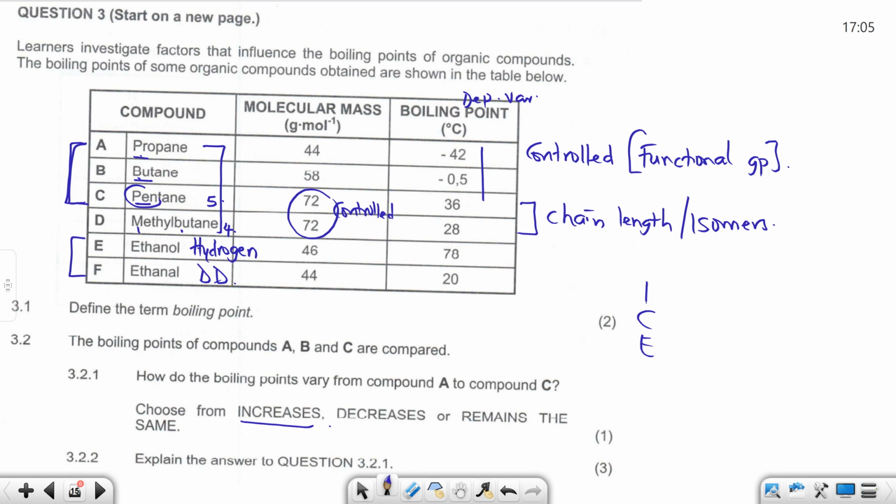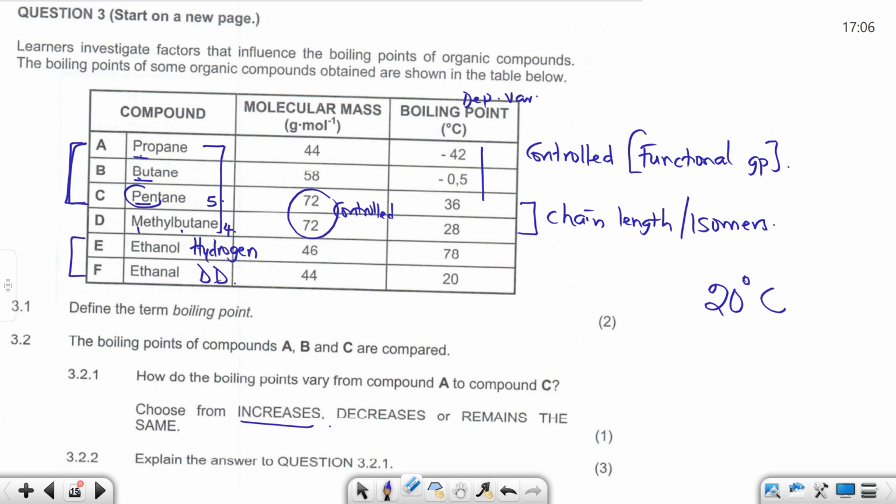At 20 degrees Celsius, what phase? It's 1 mark. What phase is A, B, and C at 20 degrees Celsius? So at A and B, it is liquid.